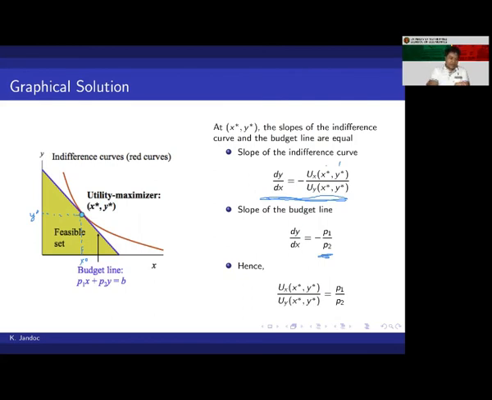So at x star y star, since these slopes are equal, we have ux over uy, evaluated at x star y star, equal to p1 over p2. Just to reiterate, this is the condition for optimality that we had a few slides back. So that's how you think about the utility maximization problem graphically.